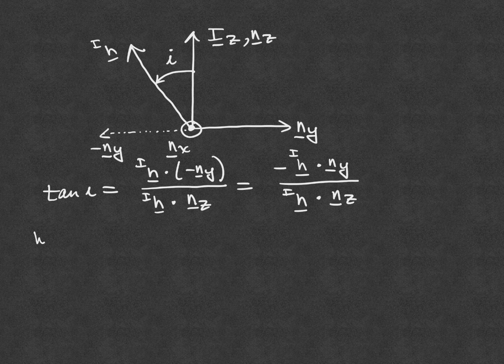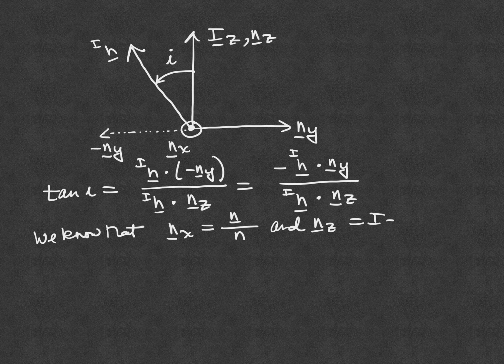We know that nx is equal to n divided by its magnitude, and we also know that nz is equal to iz.